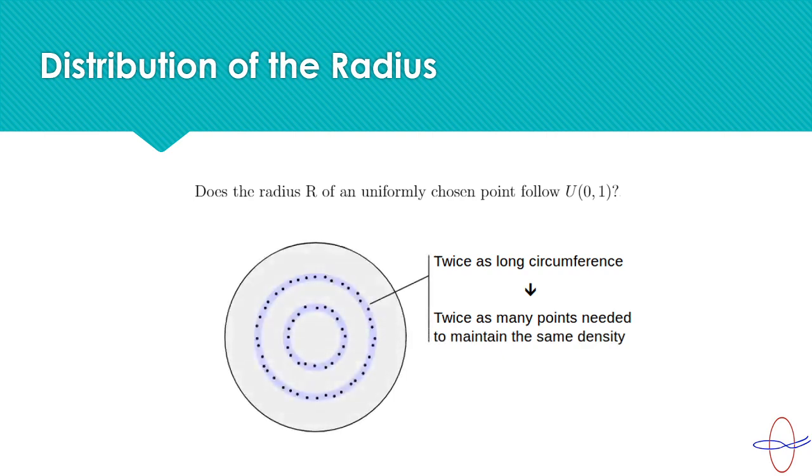No, because of a simple intuitive diagram. If you take a larger radius and take a strip around it, you're trying to calculate the chance of a larger radius. So what you're essentially doing is taking the probability of a small epsilon strip around it, and you see that it is a larger area than the strip around a smaller radius.